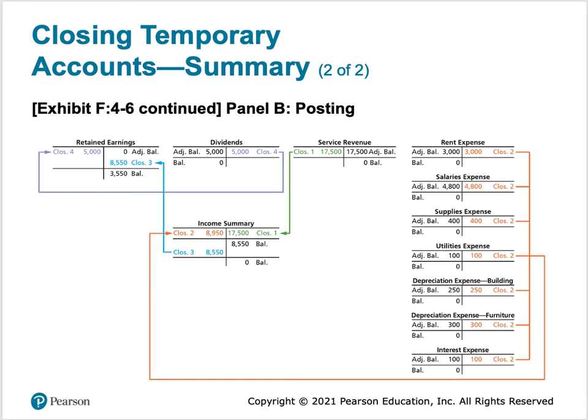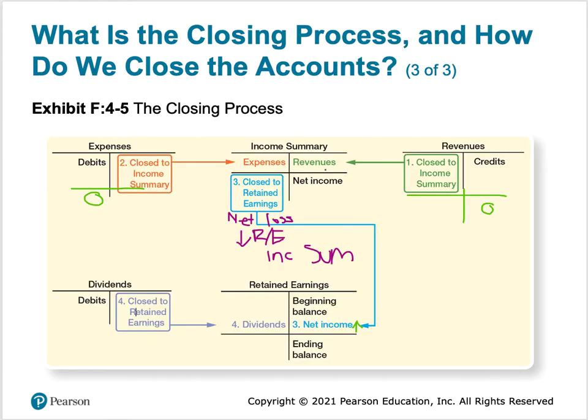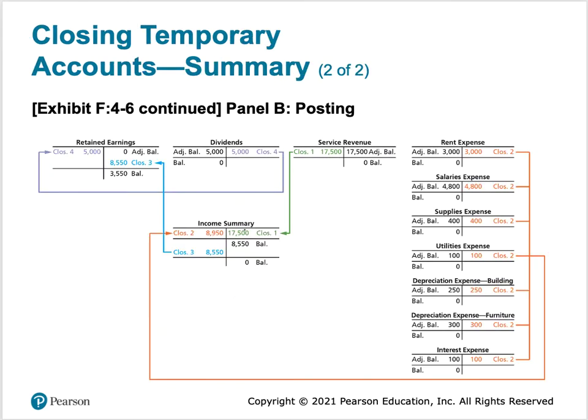And this just is showing the T accounts, which align with, let me jump back up, this little chart that was showing revenues to income summary, expenses to income summary, to retained earnings, and then dividends to retained earnings. We can just see it in T account form here, summarizing that same process and all of those journals that occurred in the closing process.